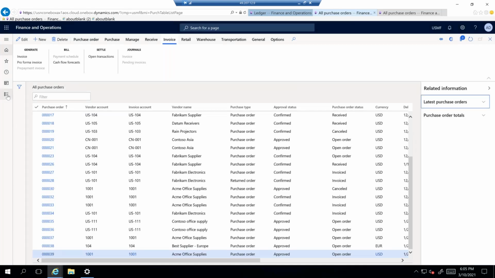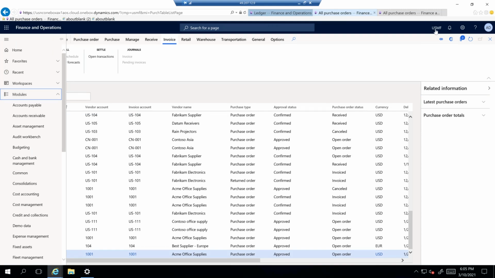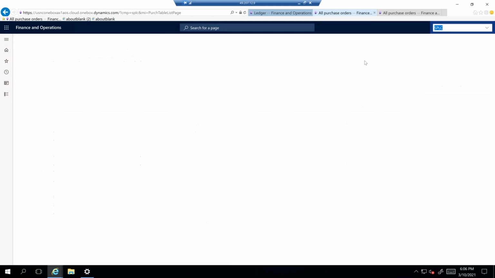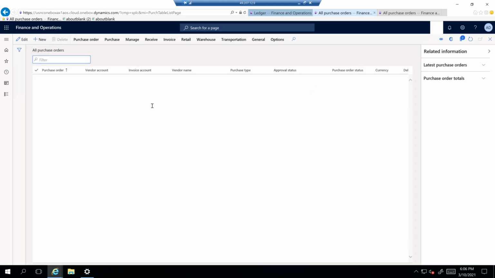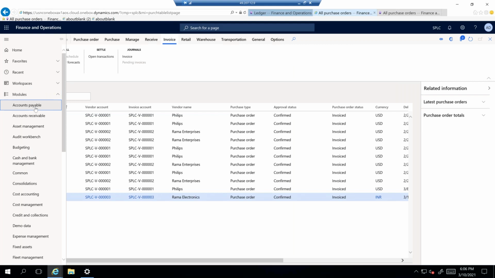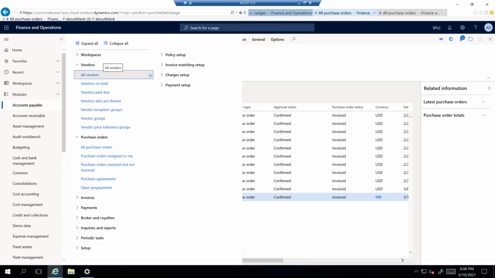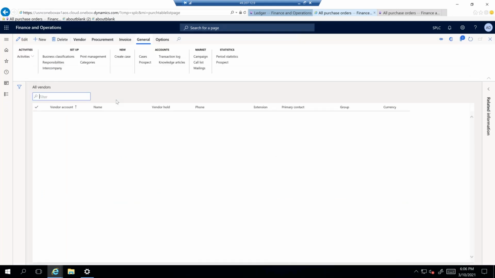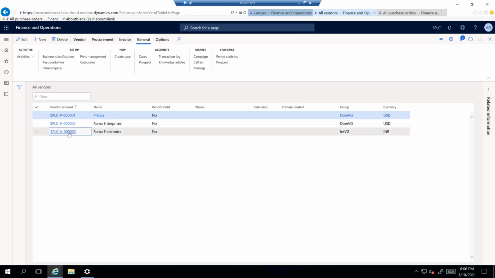If you verify the vendor account, what is the balance we need to pay? 7,30,000 is the balance in INR he needs to pay.